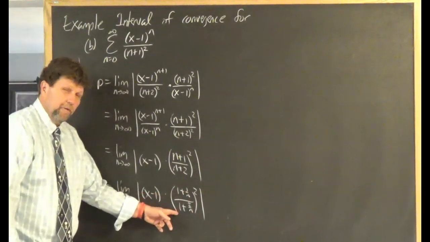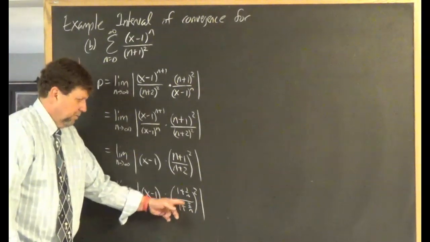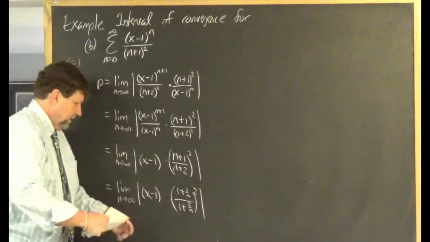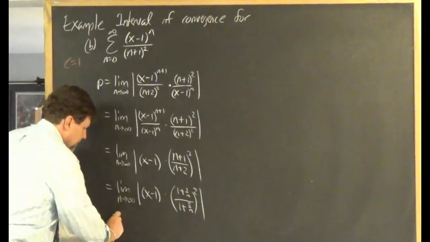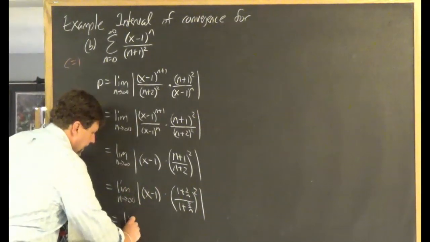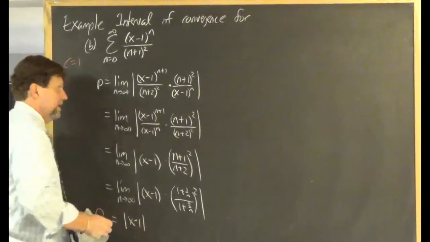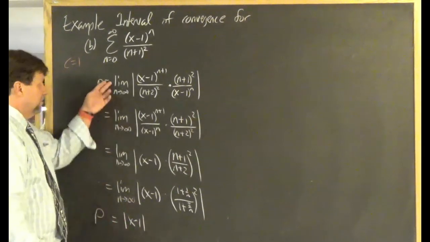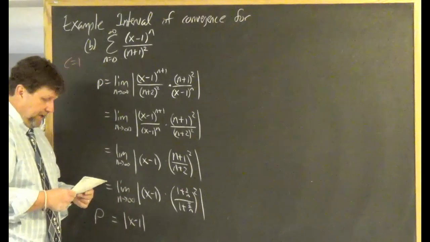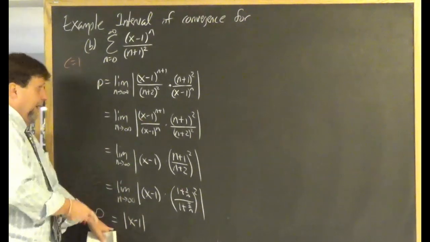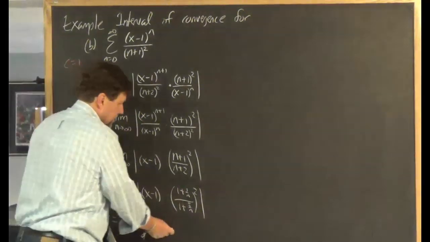You have a 1 over 1. 1 squared is 1. So the limit as n goes to infinity is the absolute value of x minus 1. Keep in mind that is p. I just strung it all the way down here, so I'm going to have to pull this up here now.